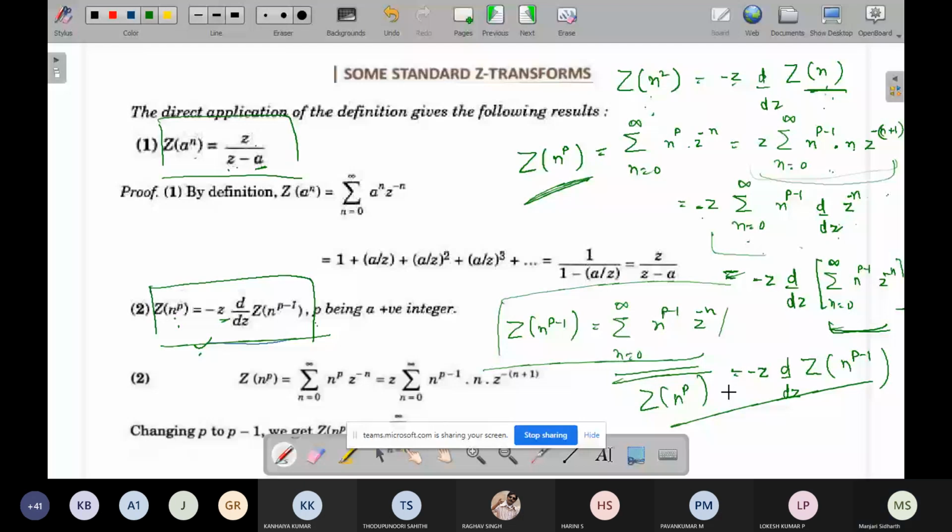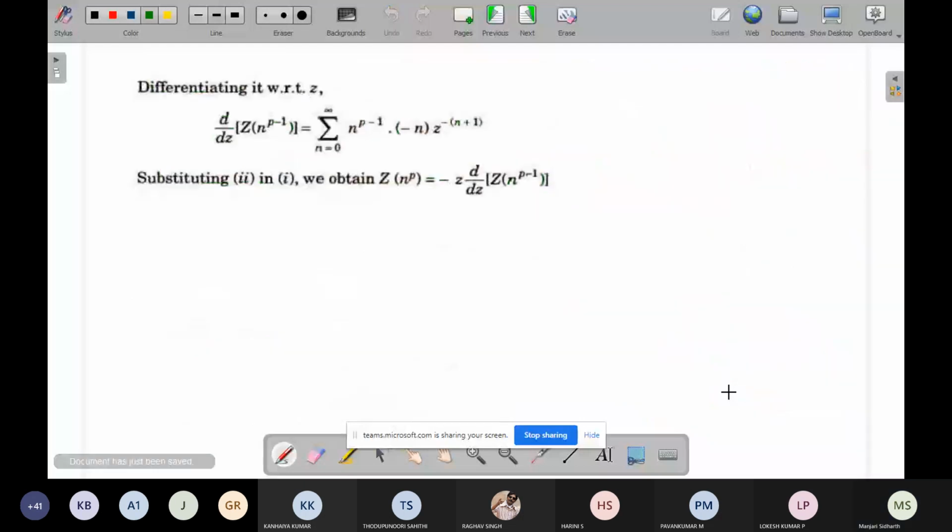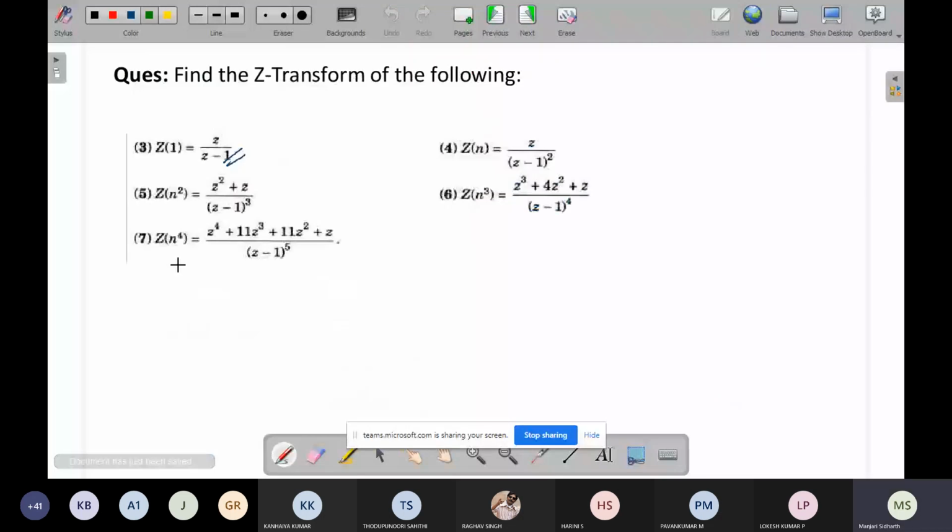Now, first question. See, the proofs I will not upload, so see the proofs carefully. Z transform of 1. The first method I'll tell you: you can say that it is 1 power n, right? 1 power n is again 1.